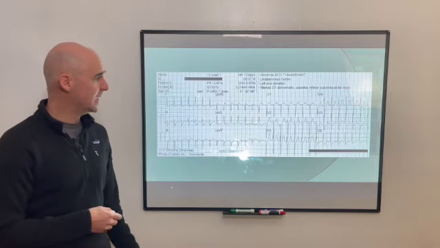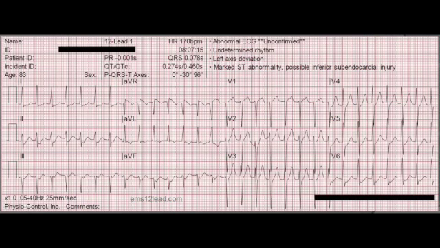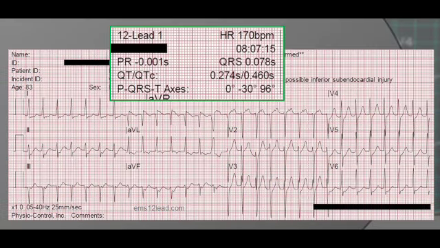So here's a great example. We've got a 12 lead on here. If our eyes went straight to looking for ST depression or ST elevation, we would find it, but we're not going to do that. The first thing you're going to do is your eyes are going to immediately search for that heart rate. If we do that, we can see the heart rate's 170 beats per minute. This is an 83-year-old patient.